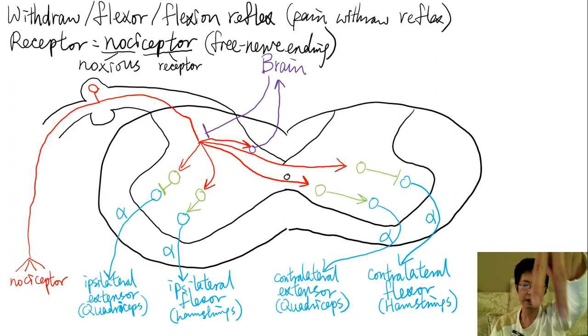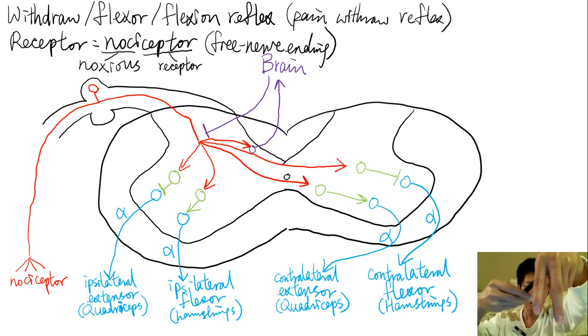When it hits the nail, of course, remember the ipsilateral one, the hamstring will contract and the quadricep will relax so that you can pull your leg away from the stimulus, the nail. What about this leg? Your quadricep will contract, but your hamstring at the back will relax so that you will straighten your leg like this.